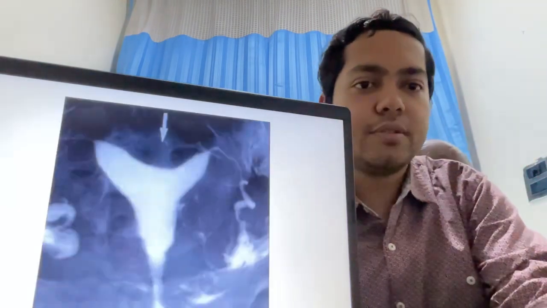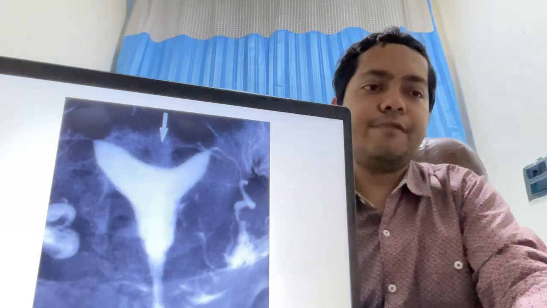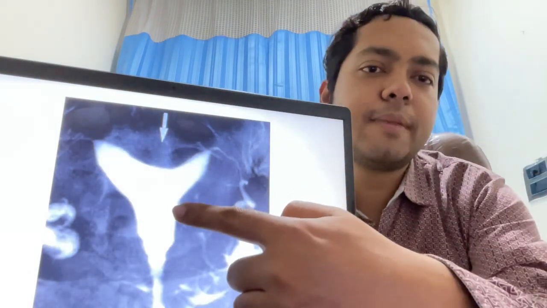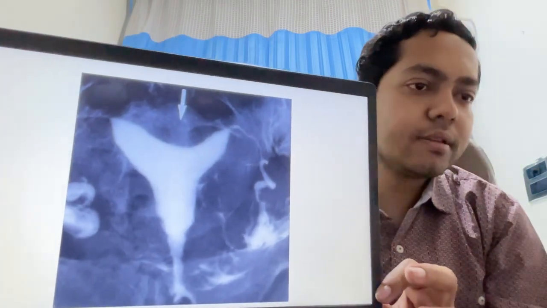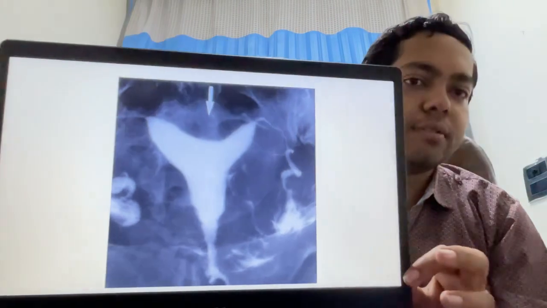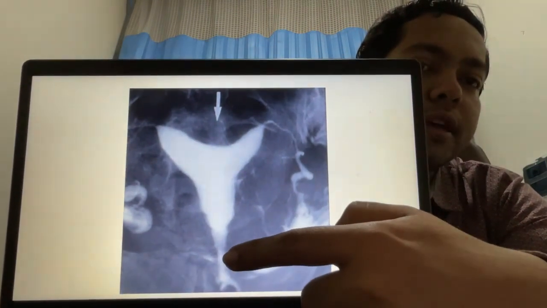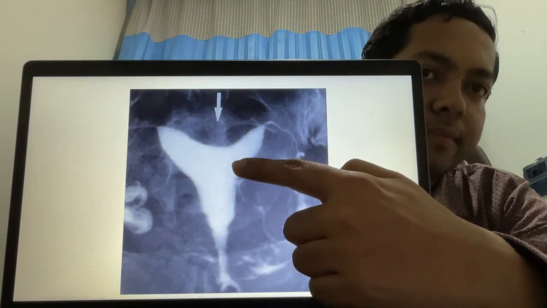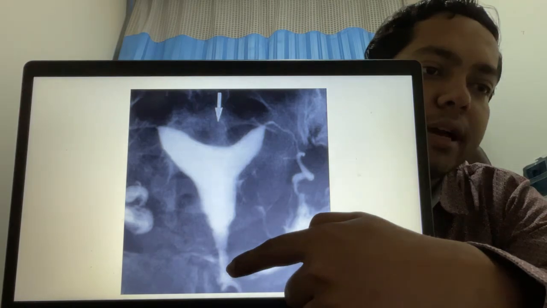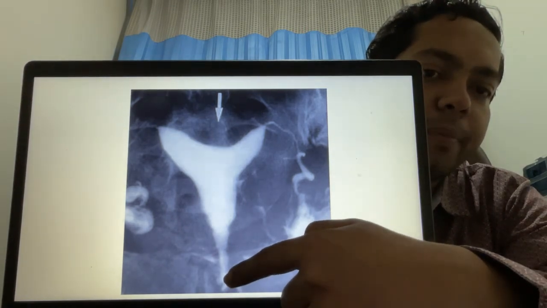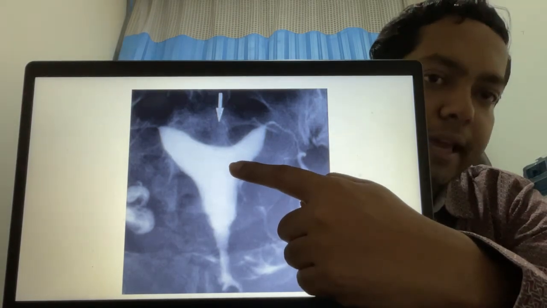Okay, chalo next. Now this is a hysterosalpingographic film. This is hysterosalpingography. ठीक है, इसमें क्या बोलोगे? This is a hysterosalpingographic film or radiograph showing the Leech Wilkinson cannula, along with the dye instilled into the uterine cavity.